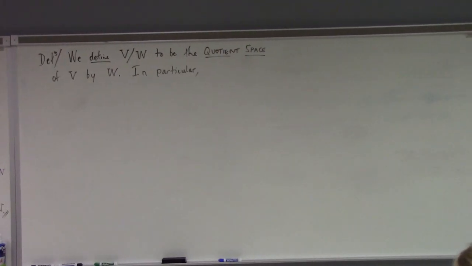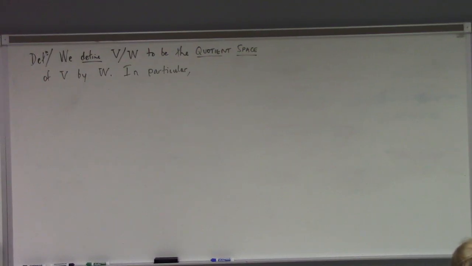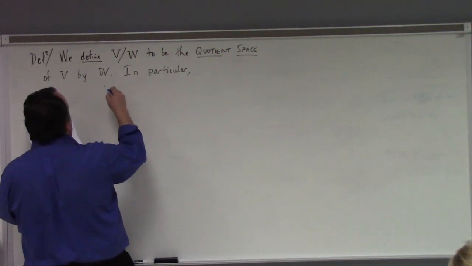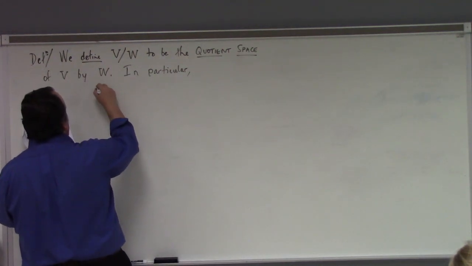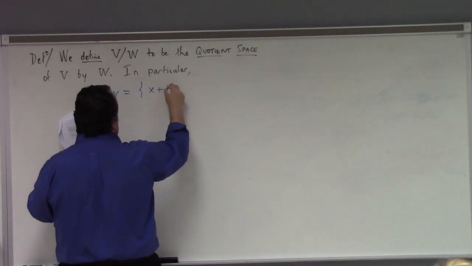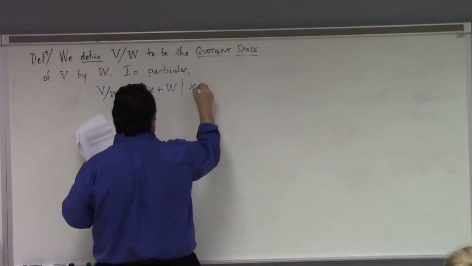Let's write that down. So V by W is the set of x plus W such that x is in V.